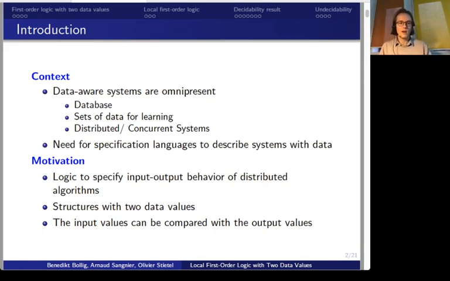Our motivation is to specify input-output behavior of distributed algorithms. In the structure, each element has two data values, and there are no relations whatsoever among the elements. The most important thing is that we want to compare the input value with the output value of the elements.